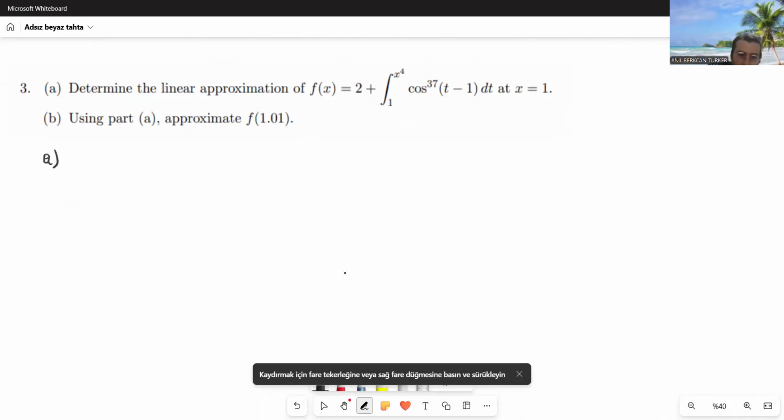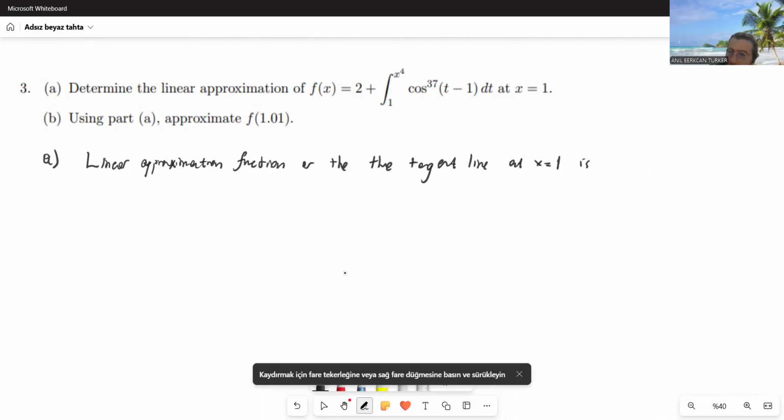So let's calculate. The linear approximation function, or the tangent line, at x equals 1 is given by L(x) is equal to f(1), because we are looking at the point 1, plus f prime(1) times (x minus 1).